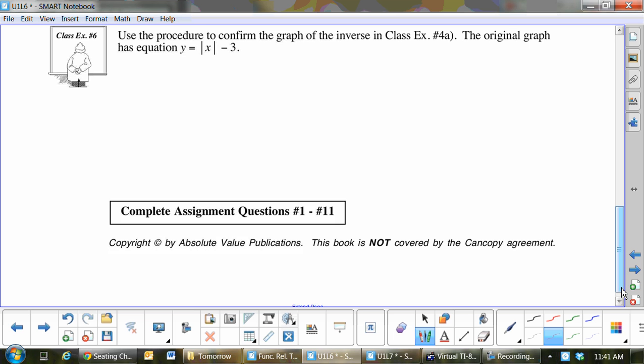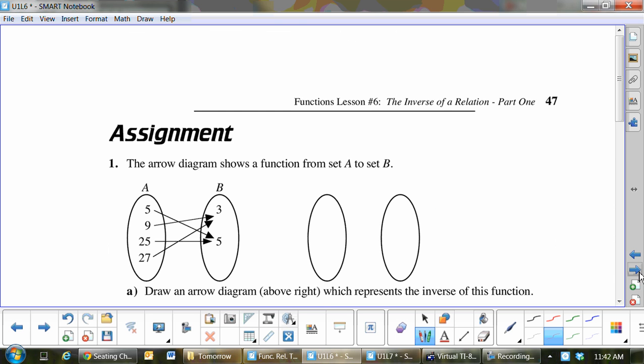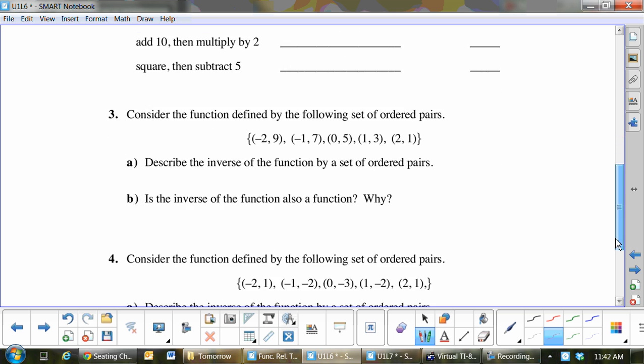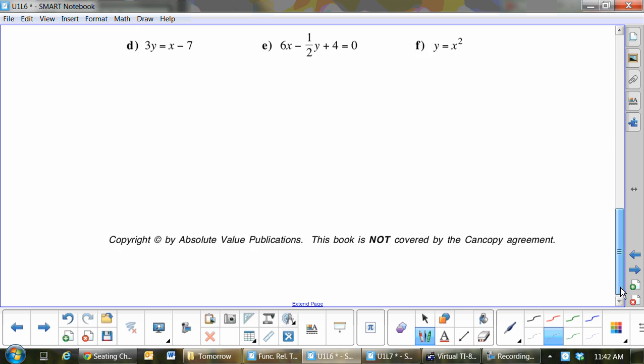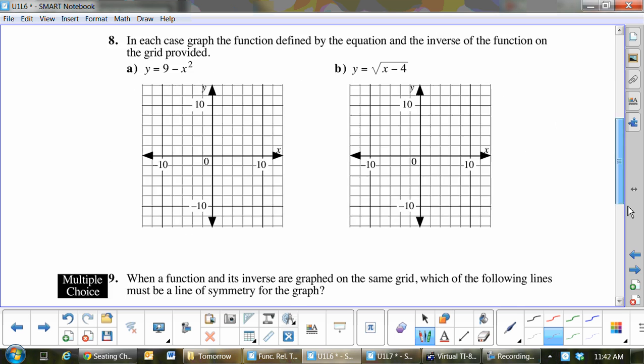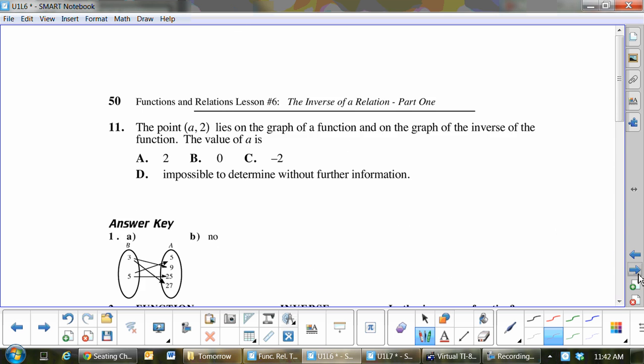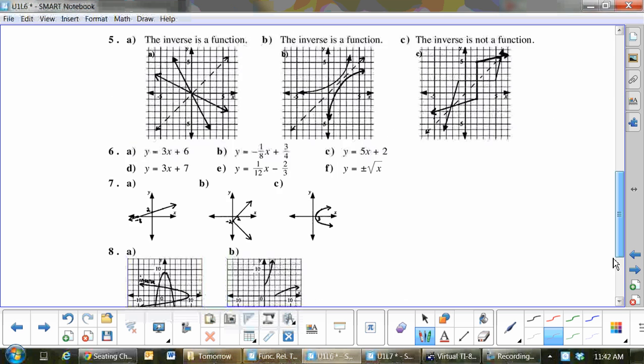So we'll do 1 to 11. Just do your A, C, E, and so on for each question. That's on the last homework. So I'm just going to scroll through it here. And now we're actually finished Unit 1.